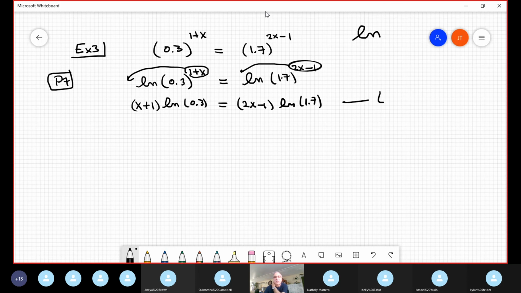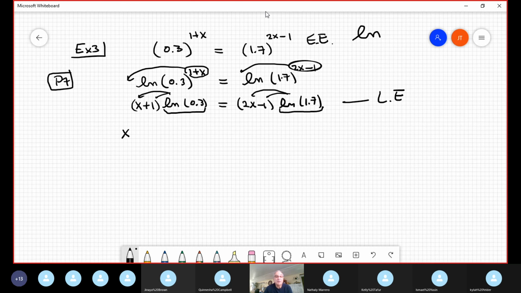At this moment, I have a linear equation, no exponential equation anymore. This is the exponential equation, and this is the linear equation. You apply the distributive property like always, because you consider that this is like a number. A weird number, I know, but we can use a calculator to compute that. You apply the distributive property here and here.